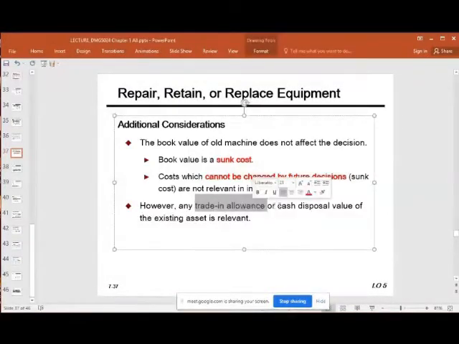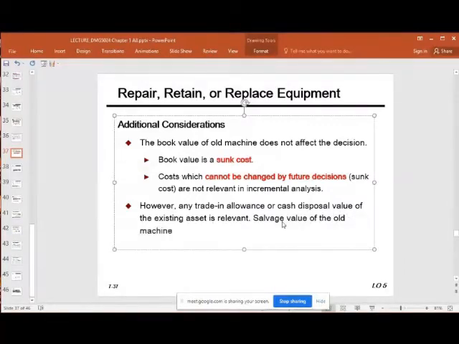So that is this one. Trade-in allowance or cash disposal, or what we mentioned just now as salvage value of the old machine. This one you will find out, because if you want to buy the new Huawei phone, you want to know how much you can sell the Samsung phone for second hand.